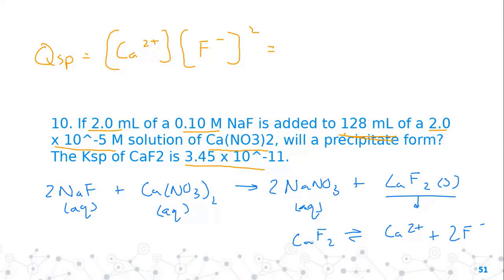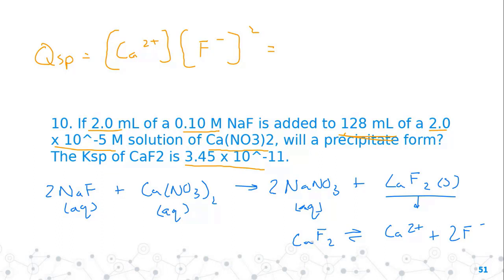So we need to figure out the concentrations, because now we're changing the volume, since we have two different volumes added together. We went from 128 total volume to now 130 milliliters of total volume. So we need to find our moles of F minus.